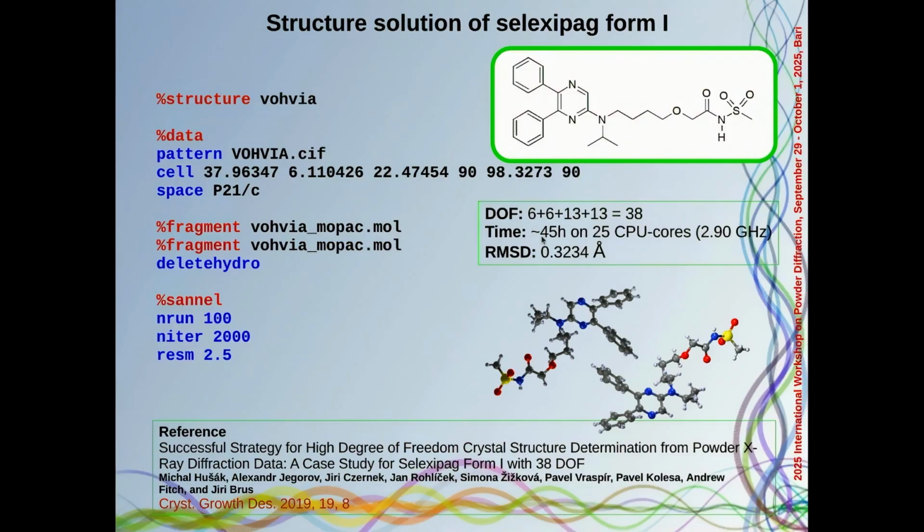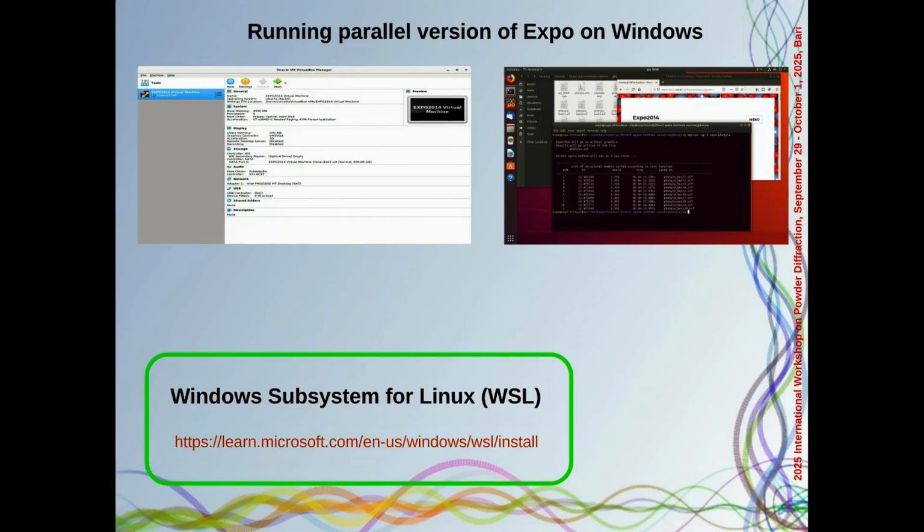So you can solve this structure in a reasonable time, 45 hours, using 25 CPUs. That is acceptable considering the dimension of the structure. If you are on Windows, you have to use a Linux environment in a VirtualBox machine, or you can use Windows Subsystem for Linux.